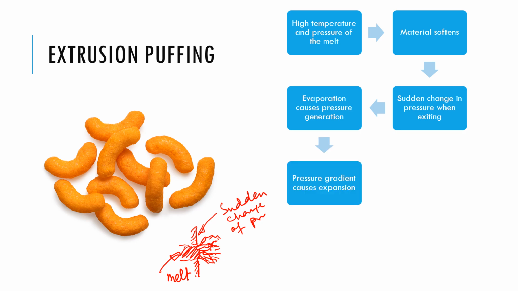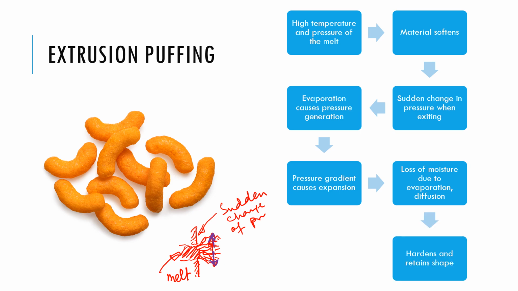So this pressure gradient, this way and this way, causes pressure expansion, and simultaneously there is also loss of moisture due to evaporation and also of course diffusion of moisture. And as the material is drying out, it's becoming hard and retaining the shape.